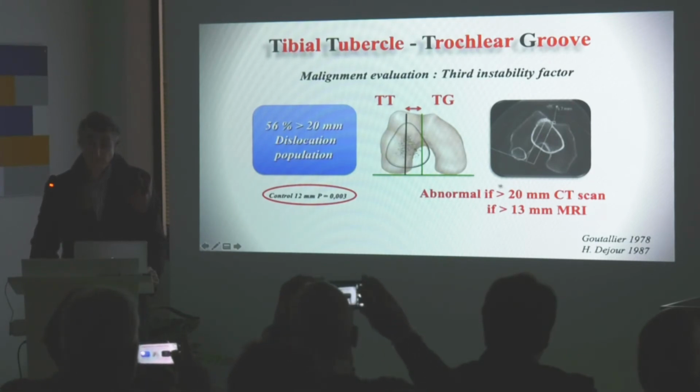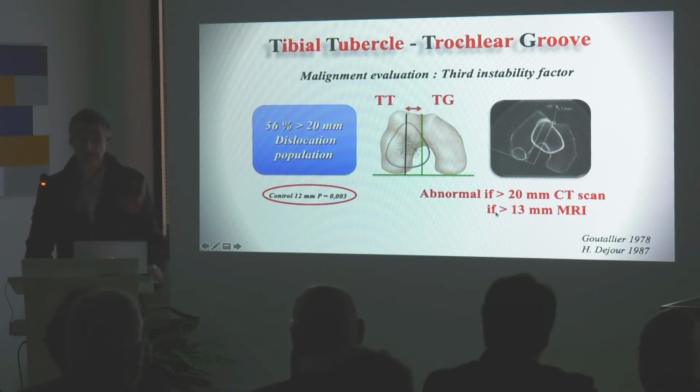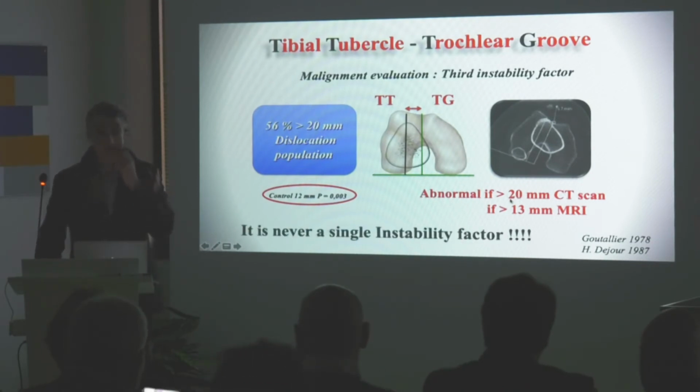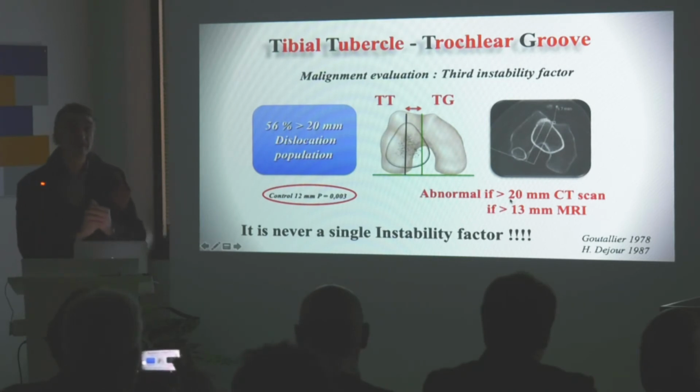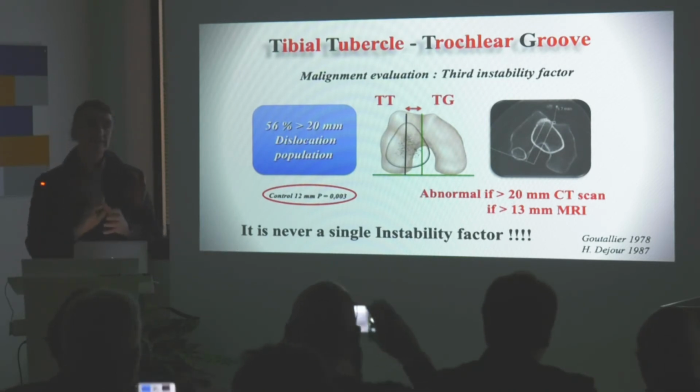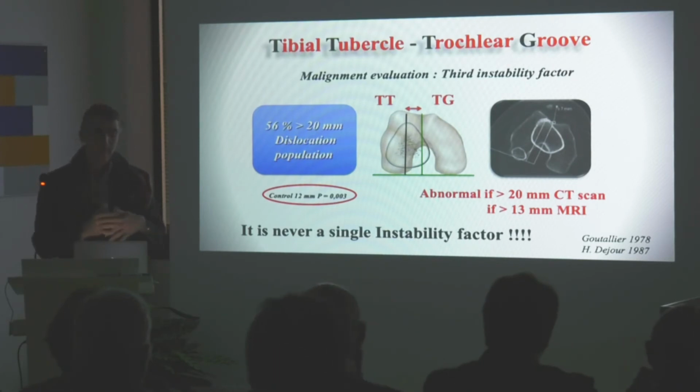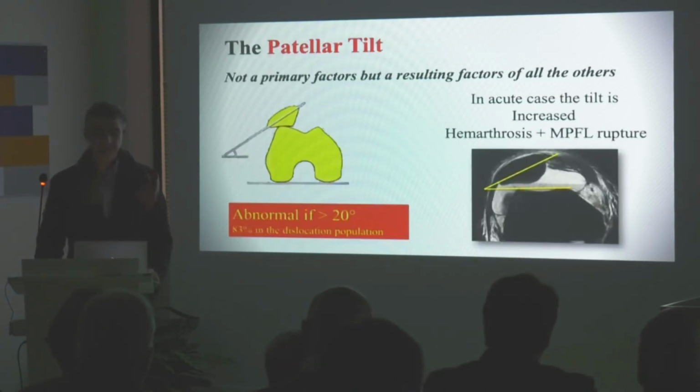And remember that the threshold is different from the CT to the MRI, 20 for the CT, 13 for the MRI. Remember that. And remember also that it's never a single instability factor. So it's important for sure, but it's not as important as the trochlear dysplasia or the patella alta.